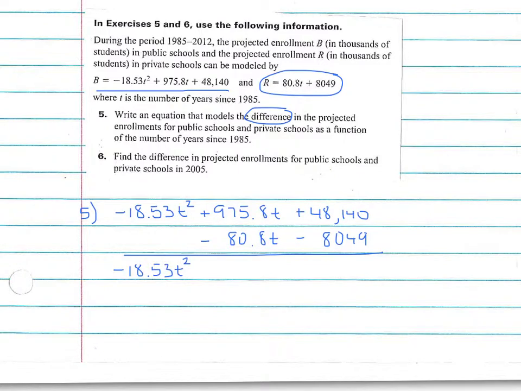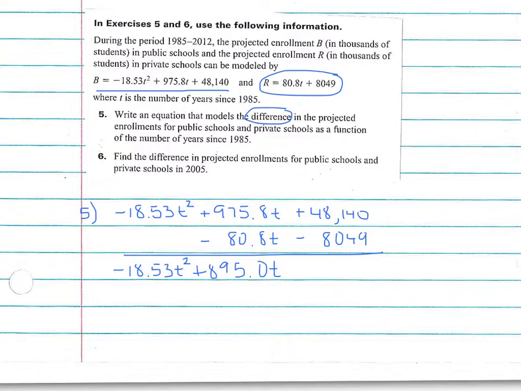For the next part, when I subtract those, I'm going to get 895.0 t, or just 895 t. And that's positive, so make sure you put a plus between them.